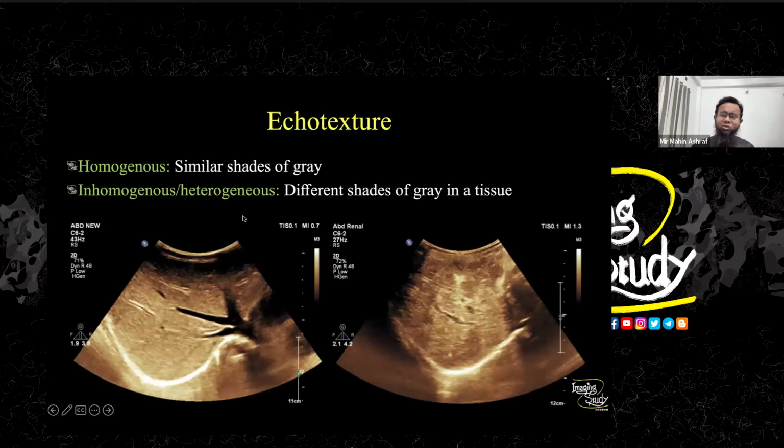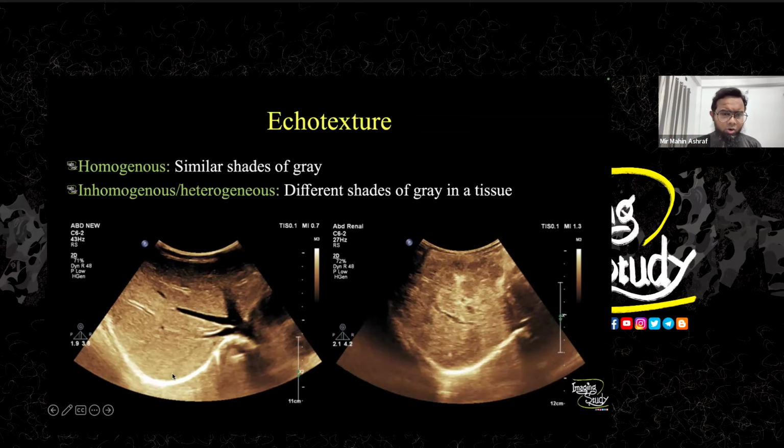Now come to the echotexture. So you see some points like echotexture, echogenicity. Echotexture is of two types: homogeneous or heterogeneous, also called inhomogeneous. Homogeneous means everything looks the same, similar shades of gray. This is not 50 shades of gray. Heterogeneous or inhomogeneous means different shades of gray in a tissue, like different texture.